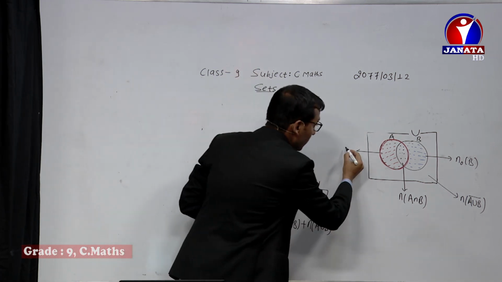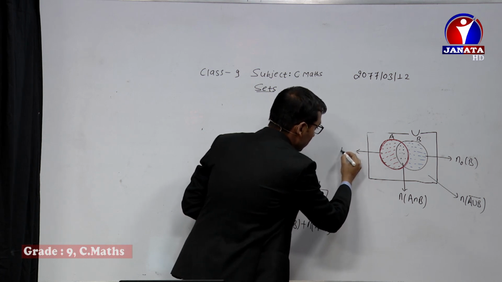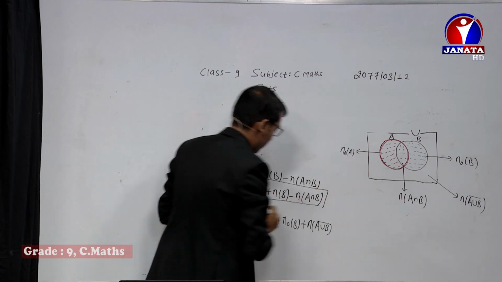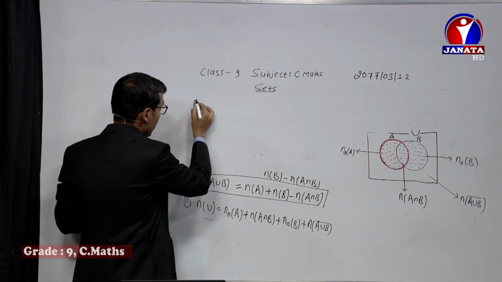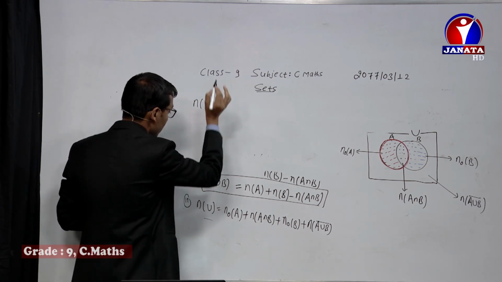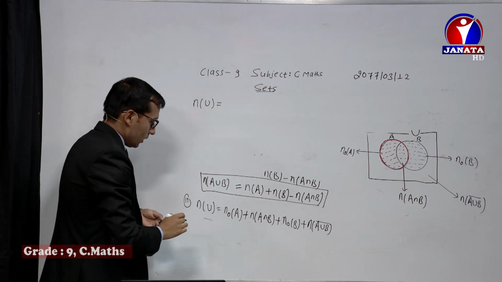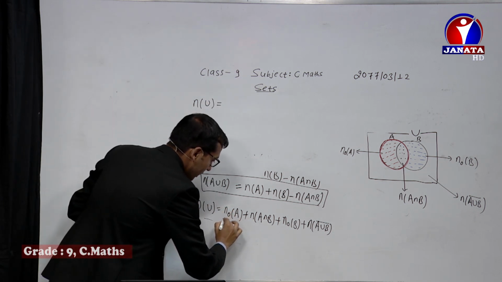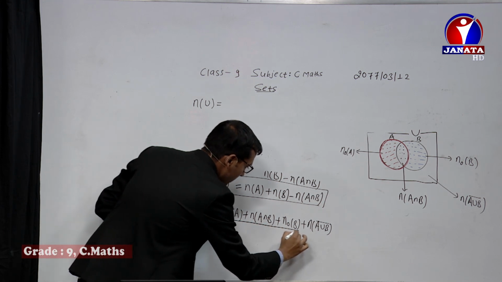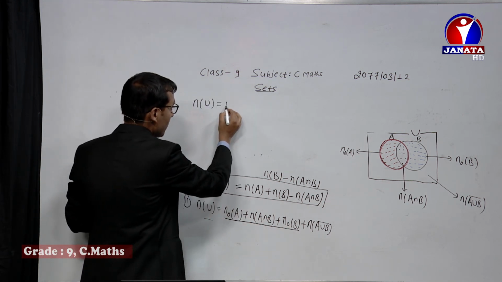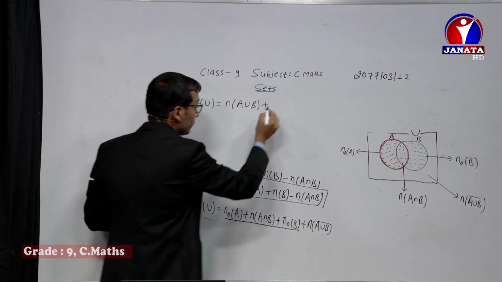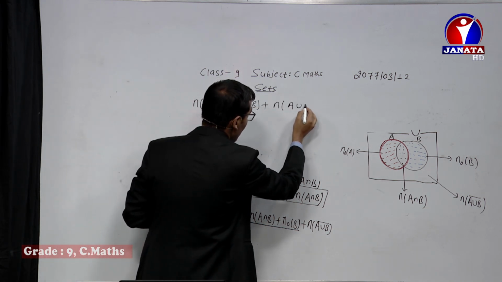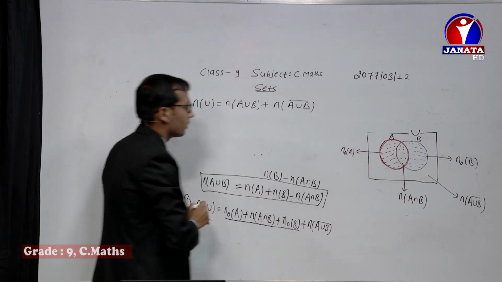So I'm rewriting this. I'm continuing n of U. So n of U is, okay, so what is n only A plus n A intersection B plus n only B? This is n of A union B plus n of A union B complement.